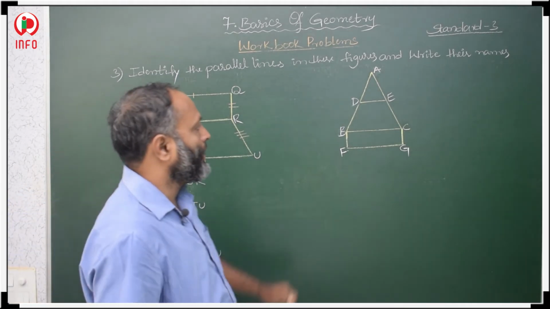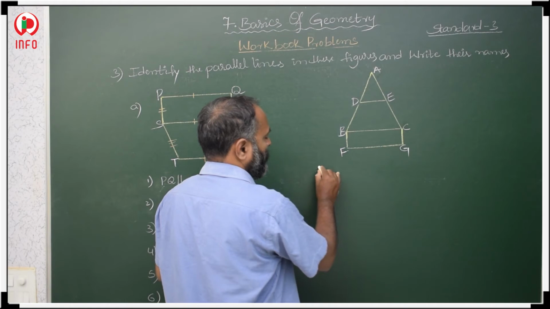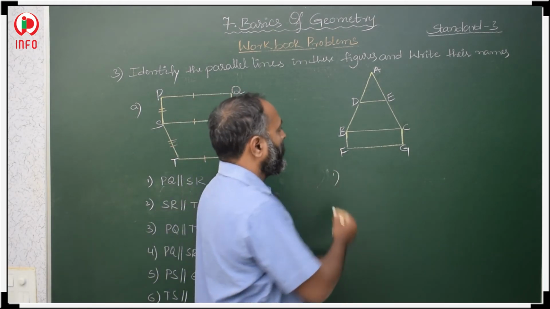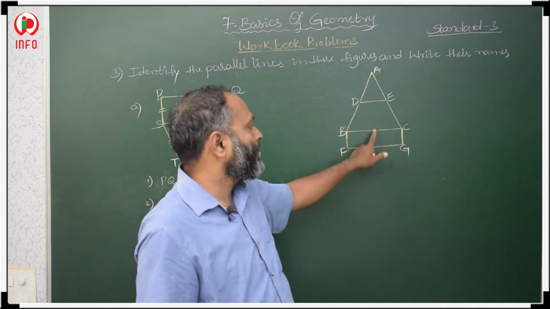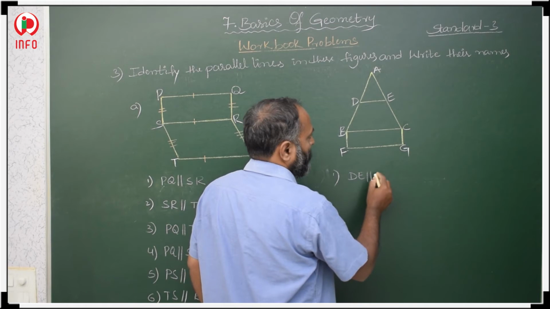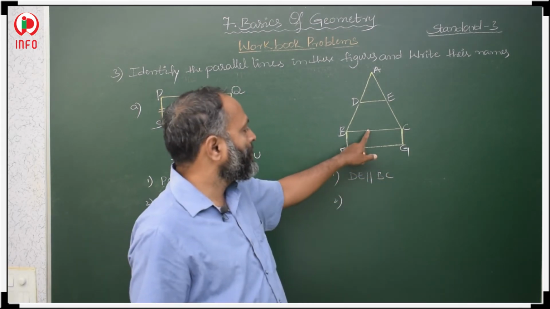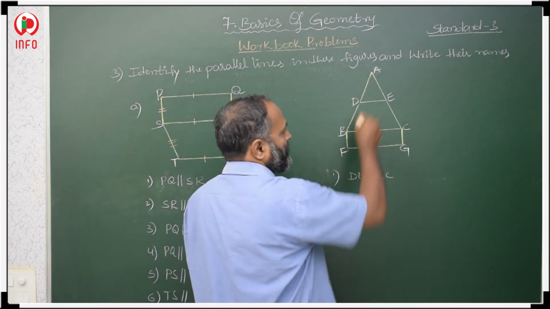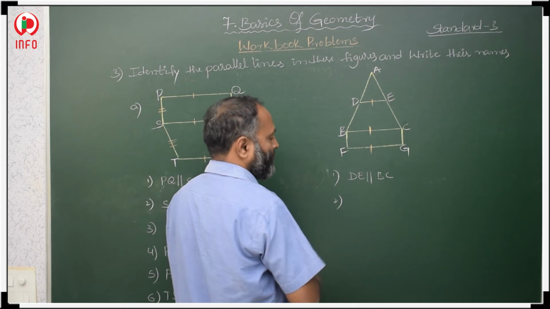In the next figure, what is parallel here? See here, first DE is parallel to BC. These two are parallel. The second, BC is parallel to FG. So this one is parallel to this one, and this one is parallel to this one.